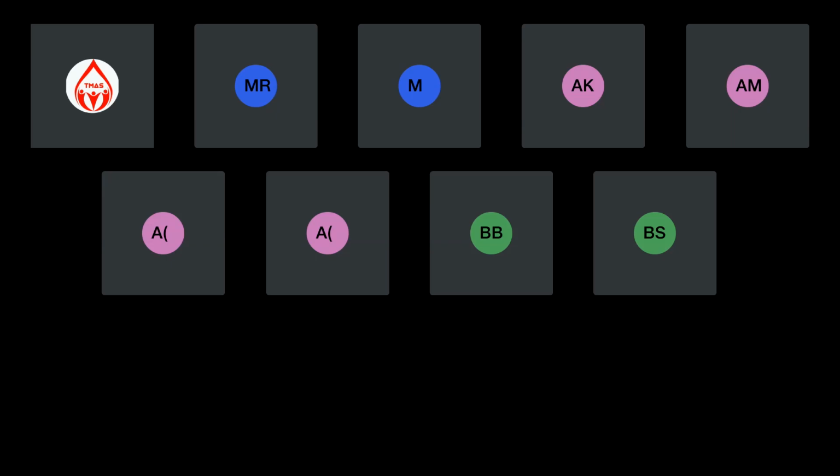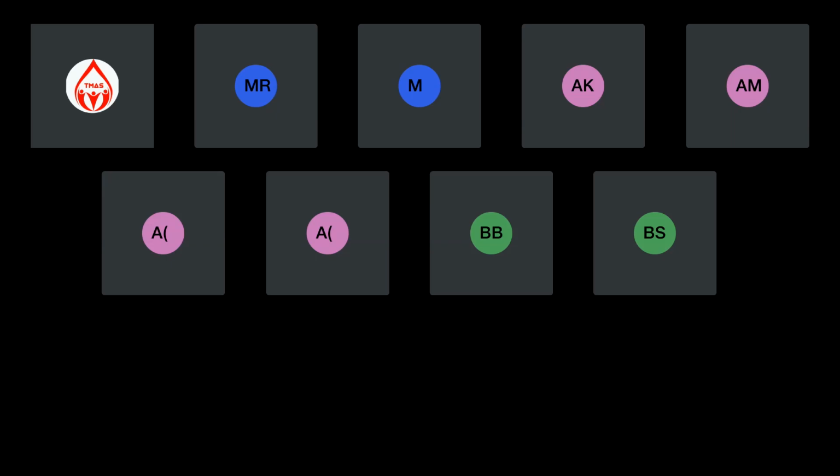Then we have the transfusion index, which is the number of units transfused divided by the number of patients cross-matched. If the value is less than 0.3, it signifies there is no need for cross-matching for the particular surgery.